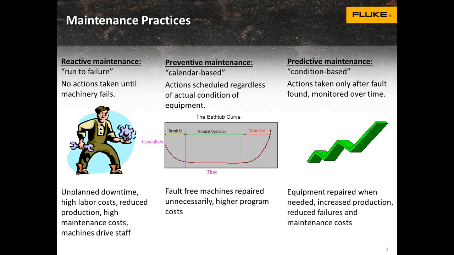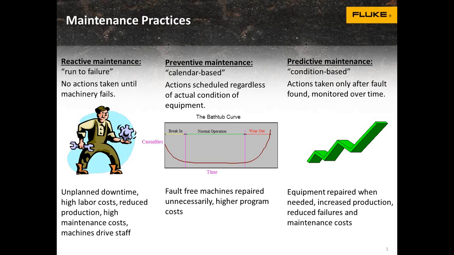I visited customers all over the world. There was a lot of high labor, high maintenance cost, overtime, and people sitting around waiting until a machine fails to fix it. It's not a way to run a plant in today's environment.